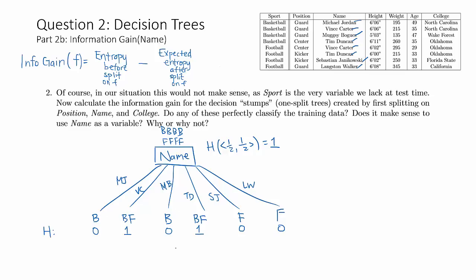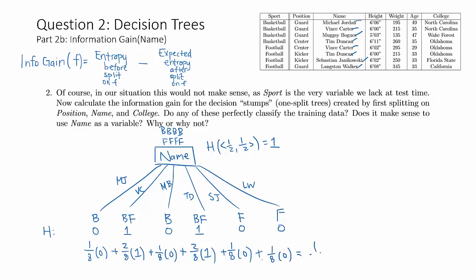Now that we have calculated the entropy for these groups, we need to calculate the expected entropy after the split. So this is going to be 1/8 times 0 plus 2/8 times 1 plus 1/8 times 0 plus 2/8 times 1 plus 1/8 times 0 plus 1/8 times 0.